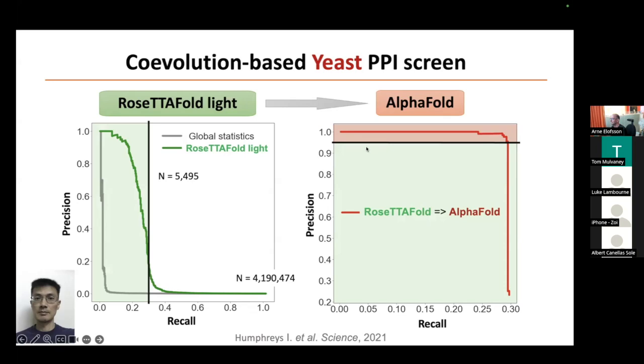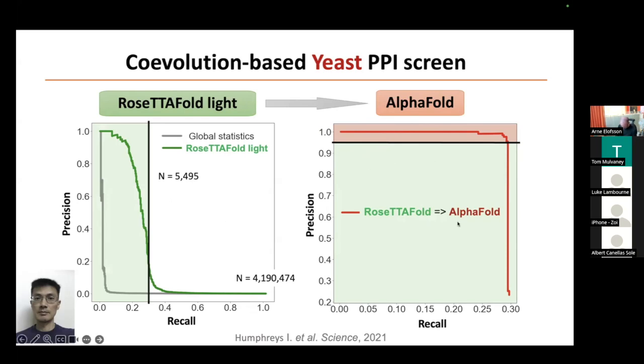We see something amazing: if we apply AlphaFold on top of this selection by RoseTTAFold, AlphaFold can perfectly rank the positives and negatives. It was able to achieve extremely high precision, although the recall is limited by our initial selection of these 5,000 pairs. But you can perfectly distinguish the positives from negatives within this set.